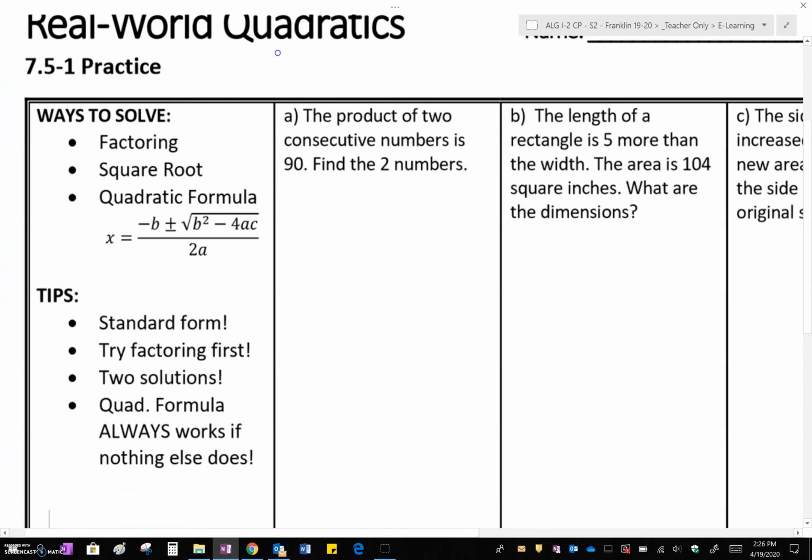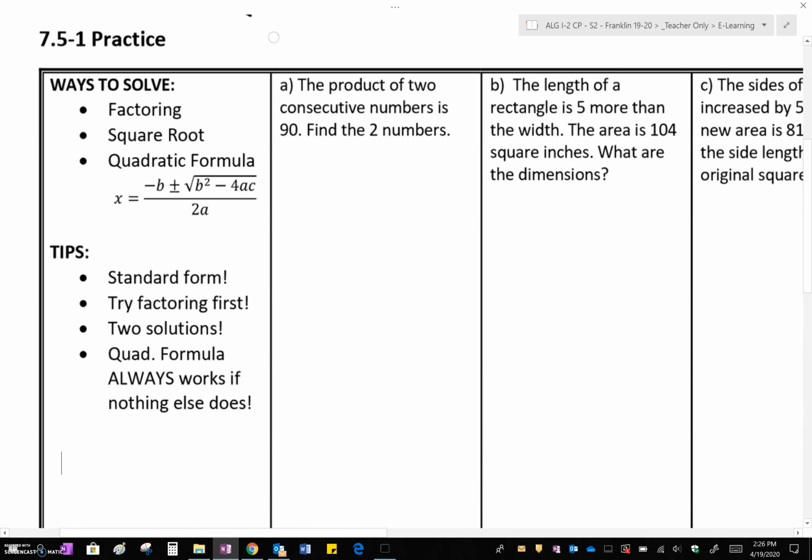The first example here says the product of two consecutive numbers, remember consecutive means one after the other, is 90. Find the two numbers. So we just want to set up our consecutive numbers, right? If the first number is x, then the second number is x plus 1, because it says consecutive numbers. So remember, you want one variable for these.